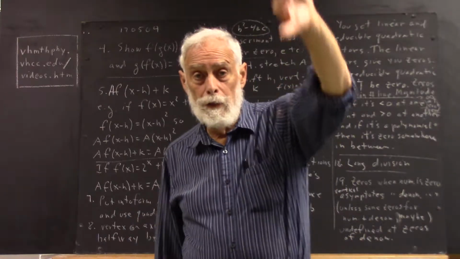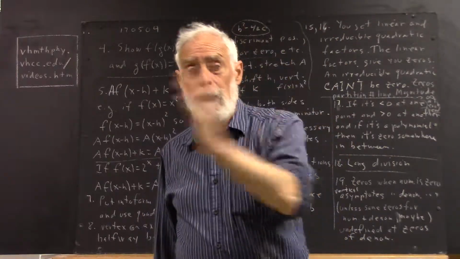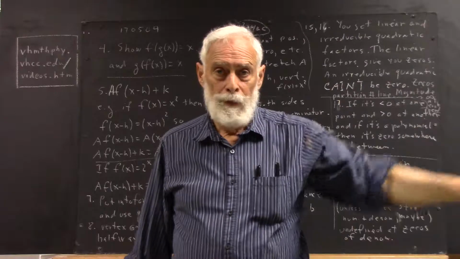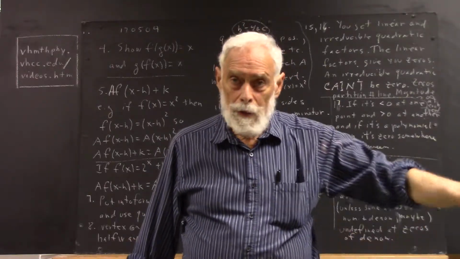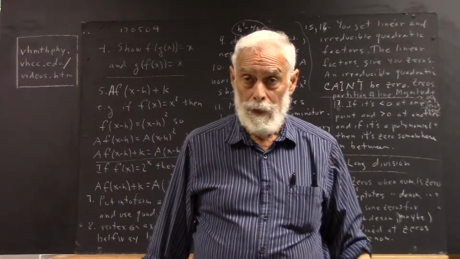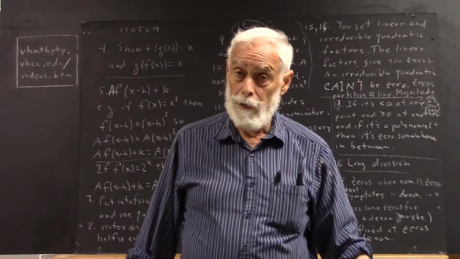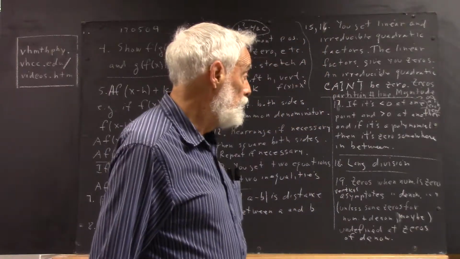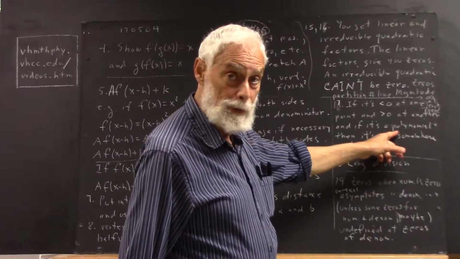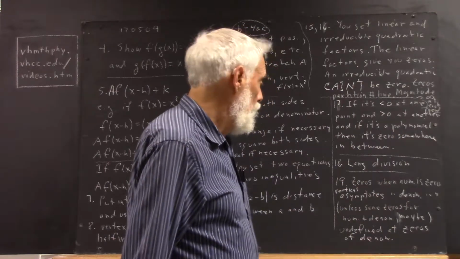So it's positive over here, it's negative over here, but it never goes through 0. A rational function can do that, but a polynomial and many, many other functions cannot.